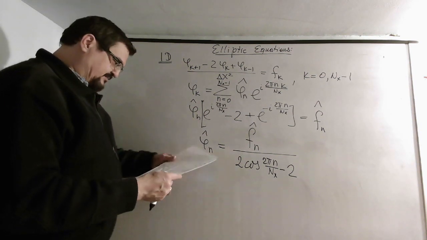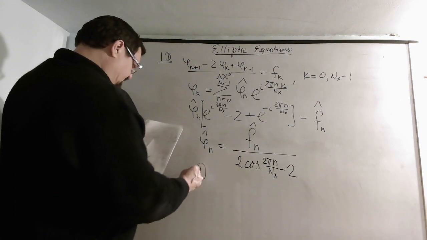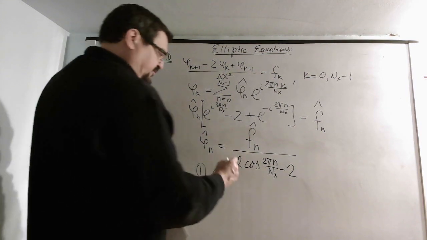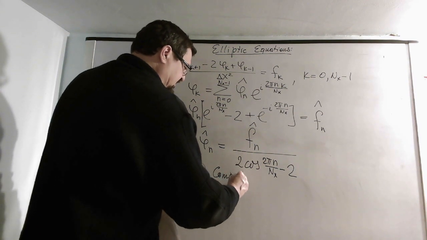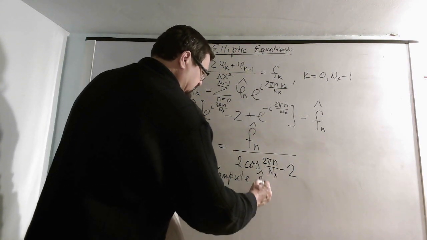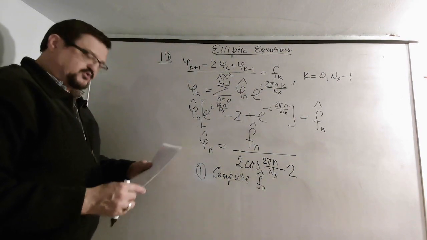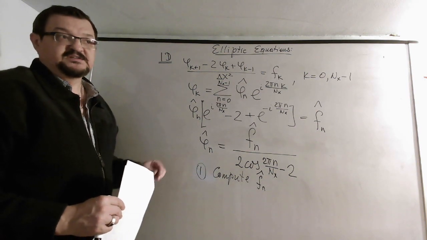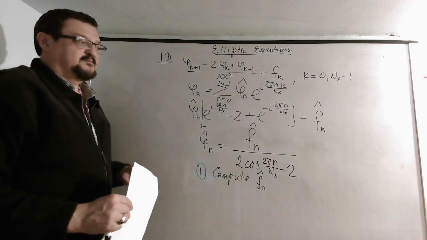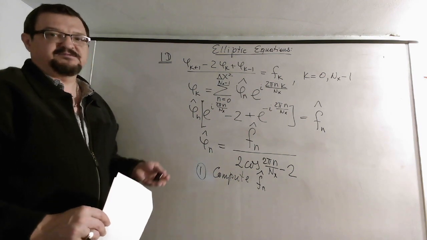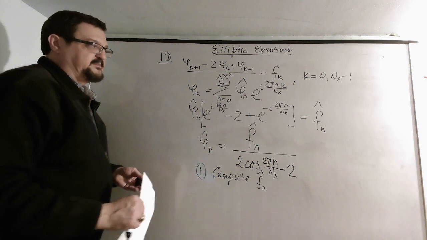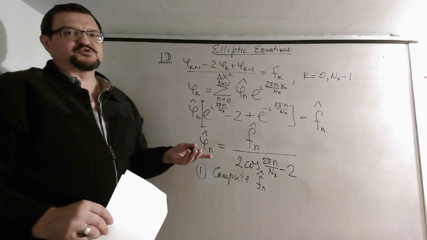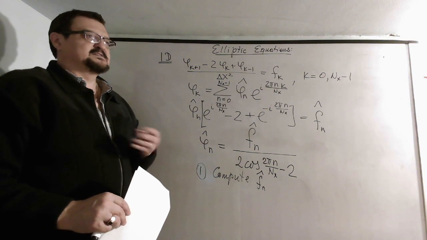So now the algorithm is the following. First, do Fourier transform of your right hand side. So compute these f coefficients, and usually you do it using a fast Fourier transformation routine. You don't of course write it yourself. Any mathematical package on the computer has these so-called fast Fourier transformation routines, and for it to be fast, the number of grid points should be a certain number. It cannot be arbitrary.